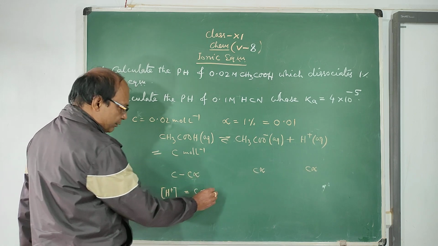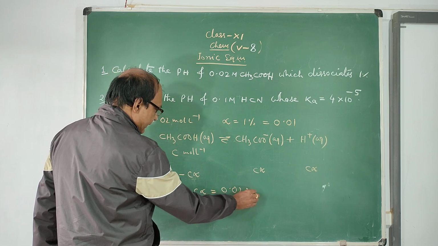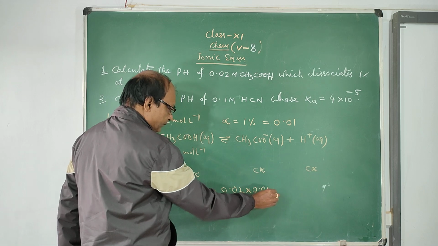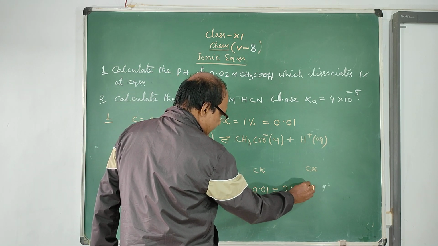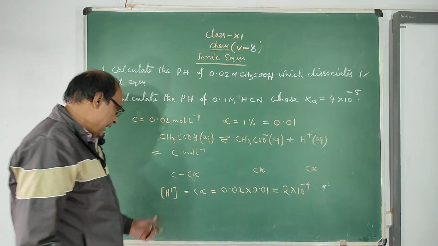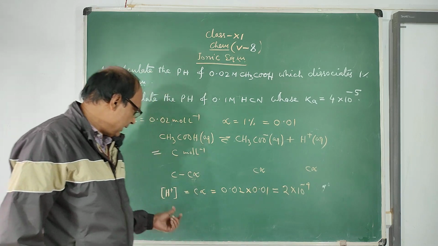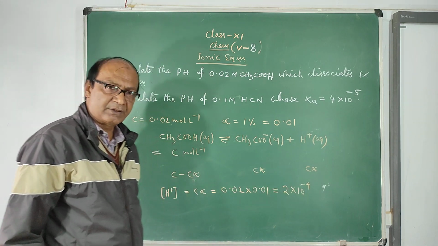You can put the value of C equals 0.02 and alpha equals 0.01. This is equal to 2 into 10 to the power minus 4. So the hydrogen ion concentration at equilibrium is 2 into 10 to the power minus 4.